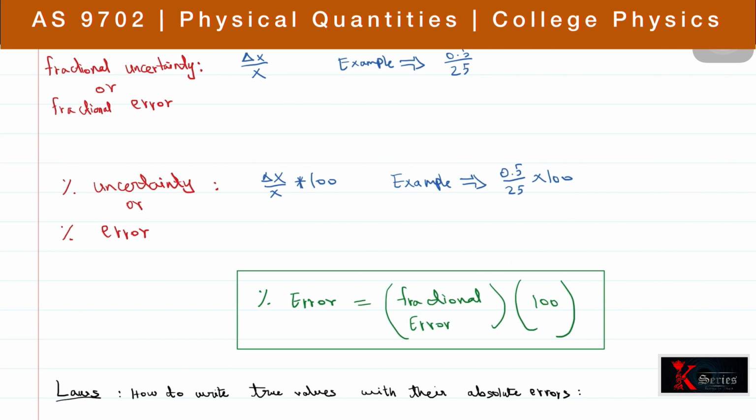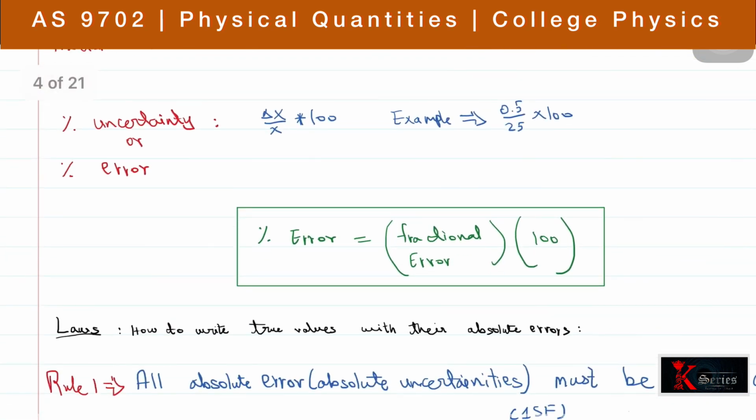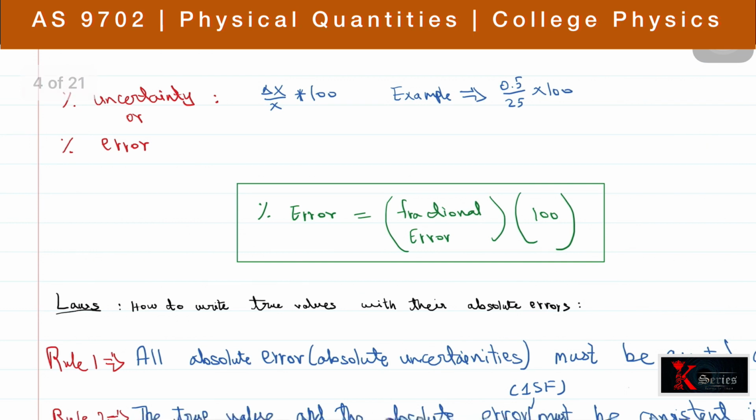So, percentage error or percentage uncertainty is always the fractional error multiplied by 100. As we saw, the fractional error was found by dividing the absolute error by the true value. So we take the fractional error and multiply it by 100 in order to find the percentage error or the percentage uncertainty.